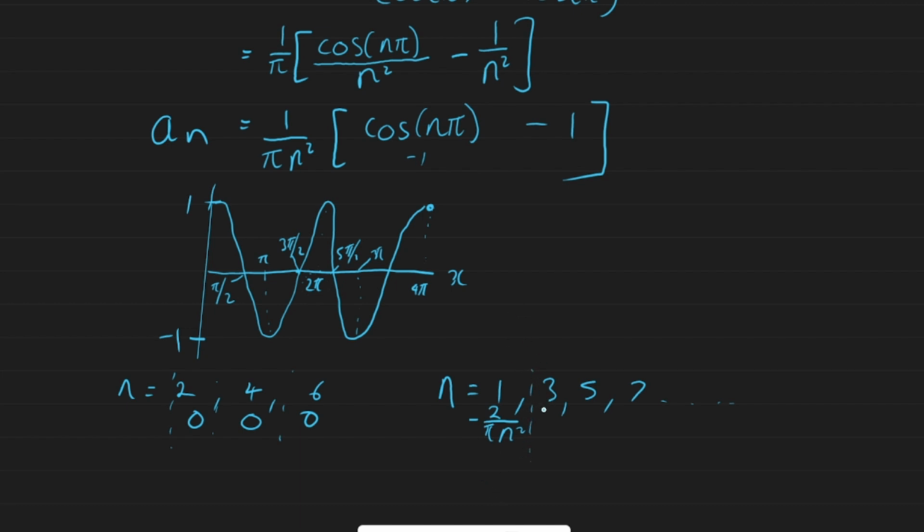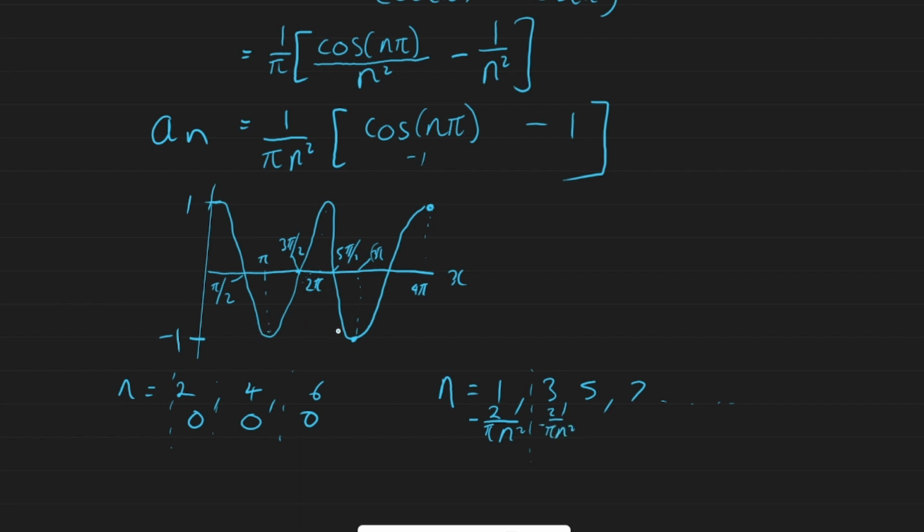Let's now check 3. That's cos of 3 pi. Cos of 3 pi is -1. So again, that gives us -2, and we have the same thing, -2 over pi n squared.